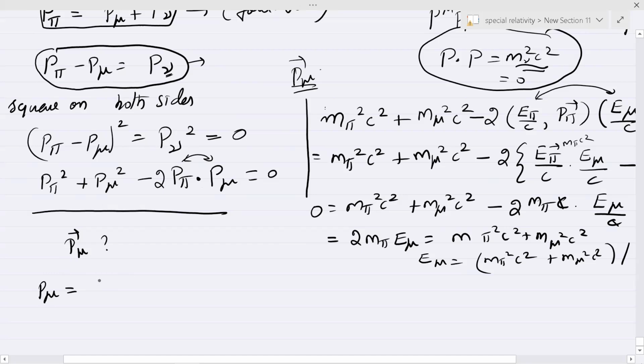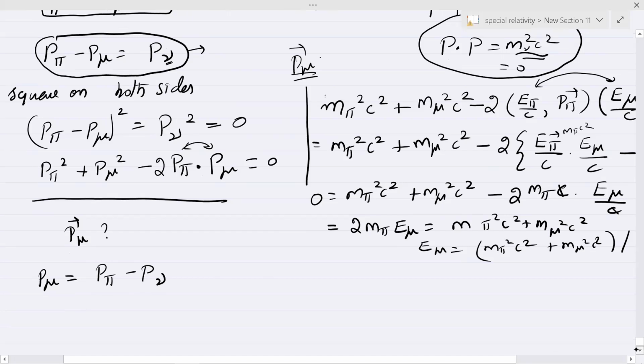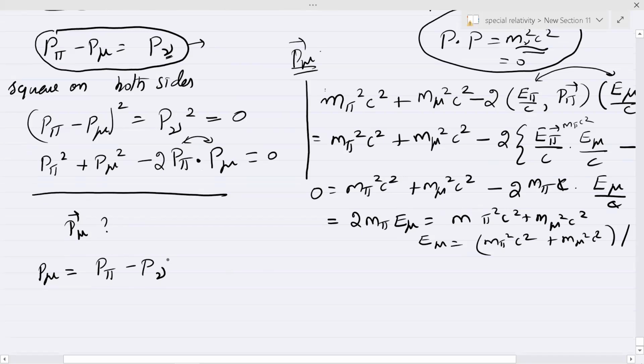So p mu is equal to p pi minus p nu. Now just try squaring this, and you'll see that the answer comes out.